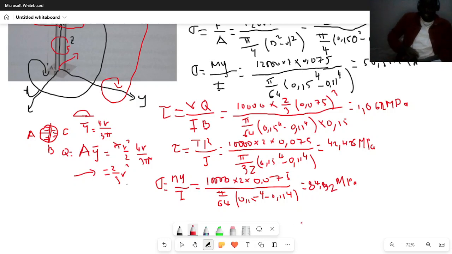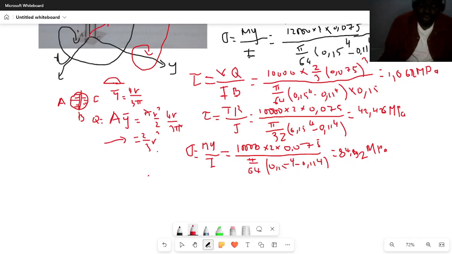Okay, this is basically it, guys. We've calculated all the forces and seen the effect of the bending. Calculate the principal stresses and the maximum stress and orientation. Now we have to study, at each point, the effect of all these forces that we found, and shear.